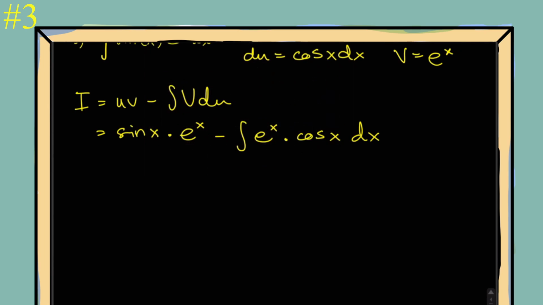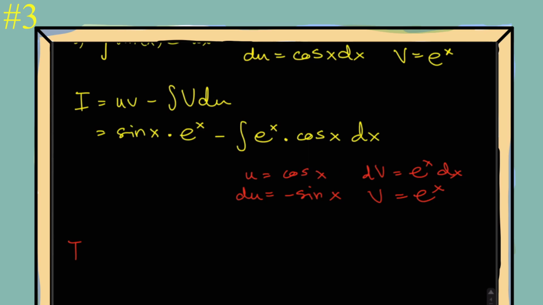So in this case, we're going to, again, choose the same direction, not to undo the work we did. We'll let u equal cosine of x. du is going to be equal to negative sine of x. dv is e to the x dx, and v is equal to e to the x.